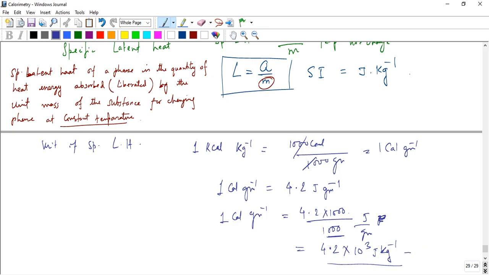So we write 4.2 kilojoule per kg. That is also the unit.